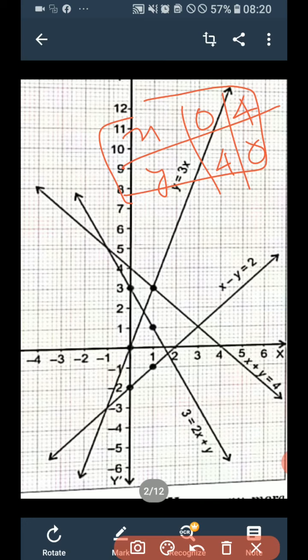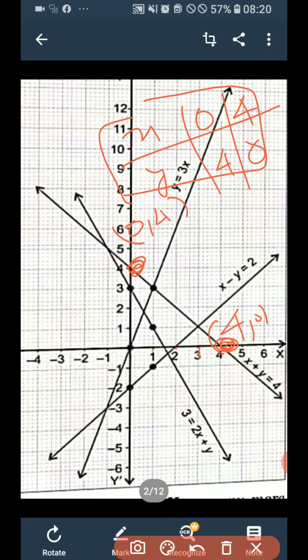So the first point for this graph is 4 comma 0, 1 2 3 4, 4 comma 0, and the second point is 0 comma 4. x is 0 means abscissa is 0 and ordinate is 4, so this one is 0 comma 4.